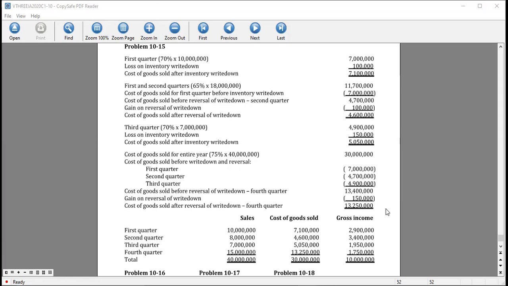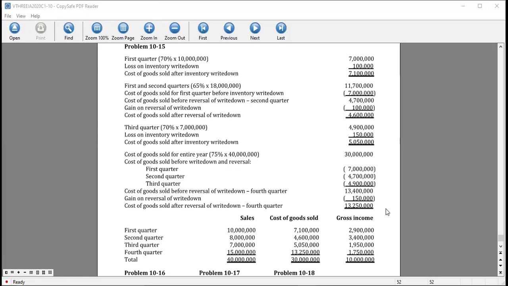Now the cost of goods sold for the entire year, 75% multiplied by 40 million is equal to 30 million. Then deduct cost of goods sold before write down and reversal.